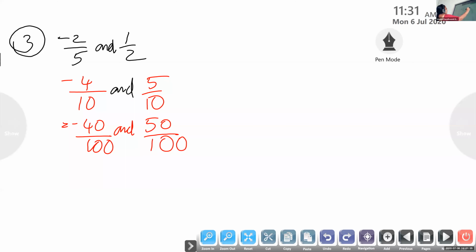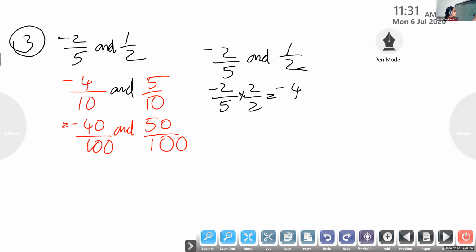Negative 2 by 5 and 1 by 2. This is the question. We have to make both the denominators the same. For that, negative 2 by 5, we will multiply by 2, so negative 4 by 10.